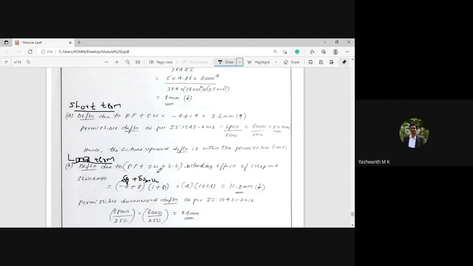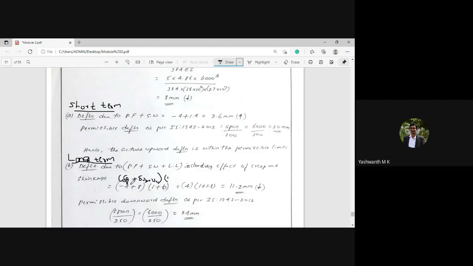This is within the bracket, multiplied by 1 plus creep coefficient. I will repeat: long-term deflection is equal to deflection due to pre-stressing force plus deflection due to the dead load and live load, all multiplied by 1 plus creep coefficient. So let me substitute.